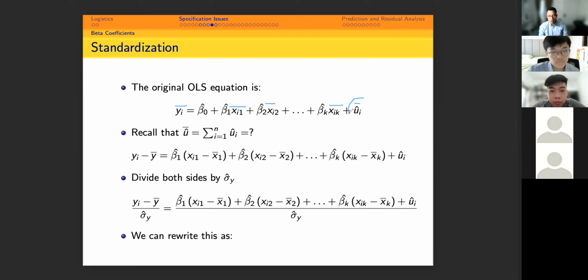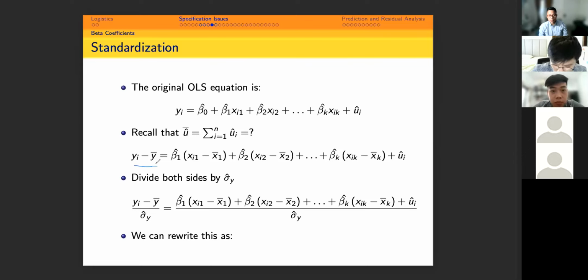If you recall from chapter 2, the average residual is just going to be 0. After you do the mean, the next step is to subtract the mean equation from the original equation. After you subtract it, you're going to get the following.